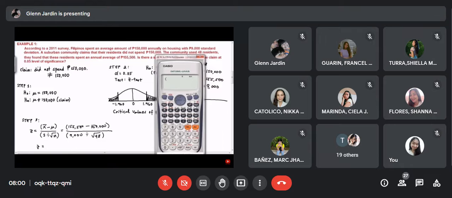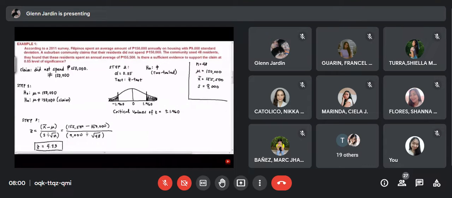Just don't forget the parentheses. 155,500 minus 150,000, close parenthesis, divided by open parenthesis 9,000 divided by square root 48. Tapos, move nyo muna yung cursor bago nyo i-close parenthesis. So, the answer would be 4.23.